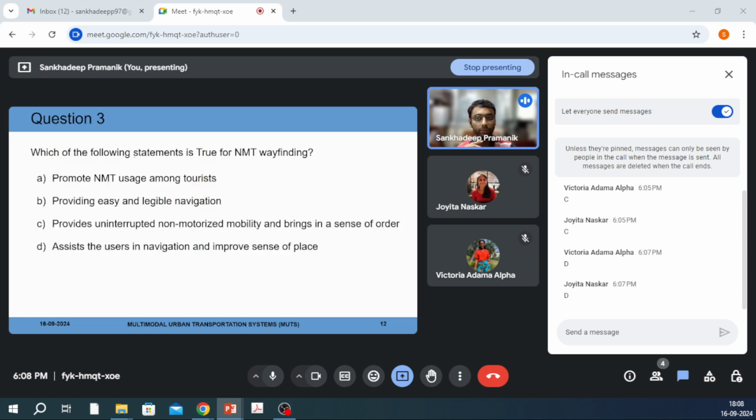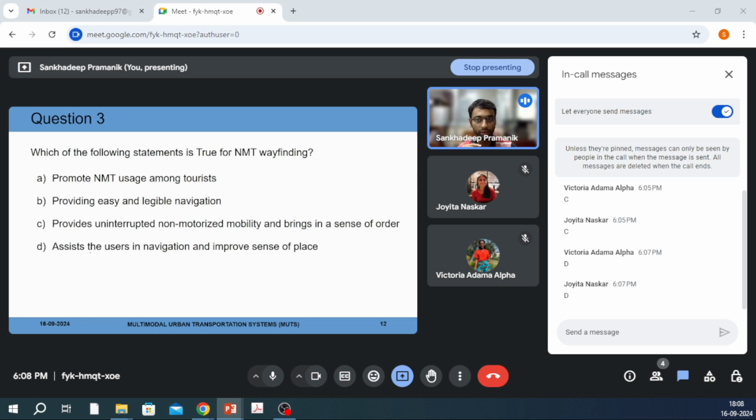Next: which of the following statements is true for NMT wayfinding? It promotes NMT usage among tourists. It provides easy and legible navigation. It provides uninterrupted non-motorized mobility and brings in a sense of order.